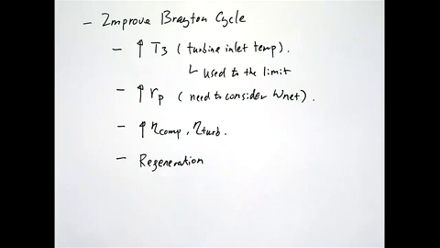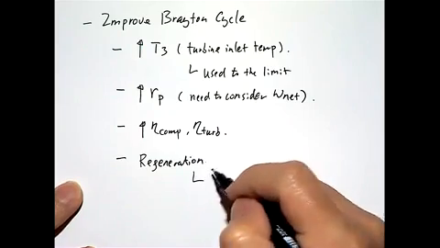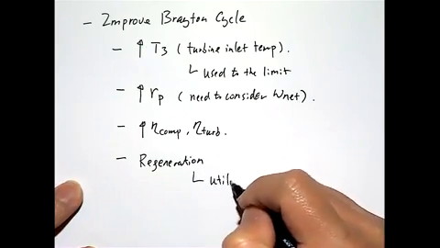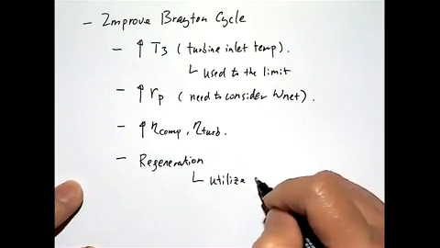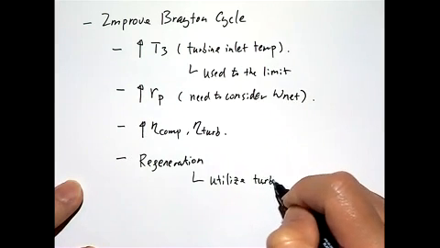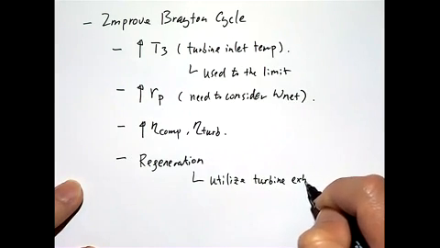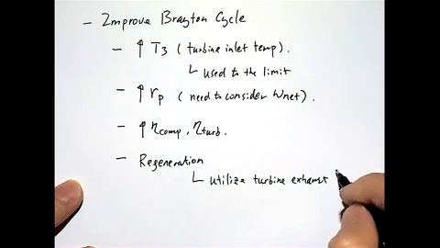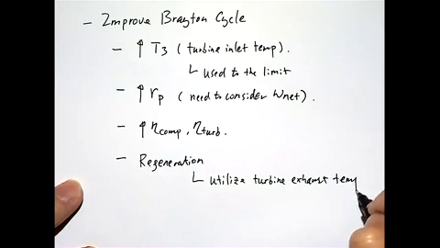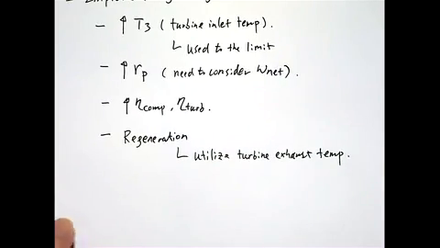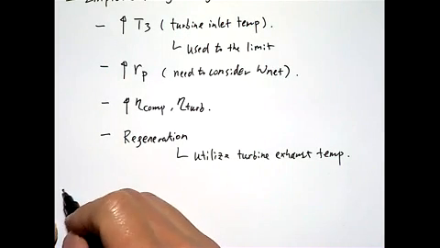If you use that enthalpy to heat the compressed air, you can save some of the energy that you added at the compressor. So that is basically utilizing the turbine exhaust temperature.